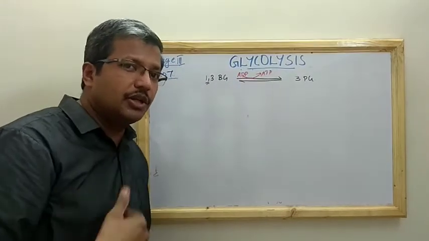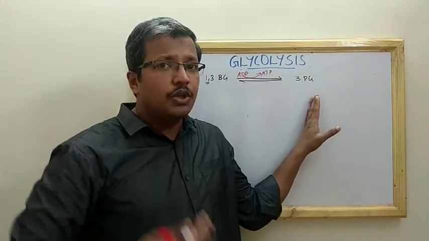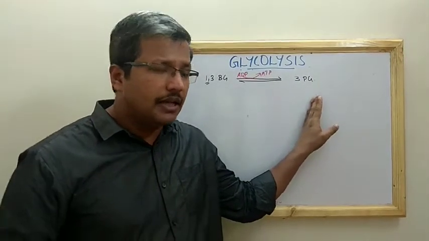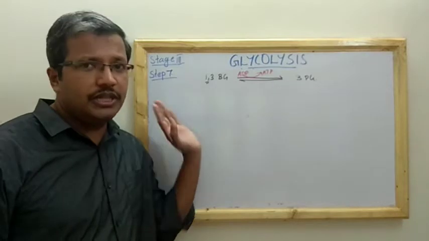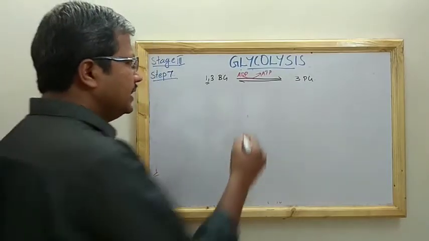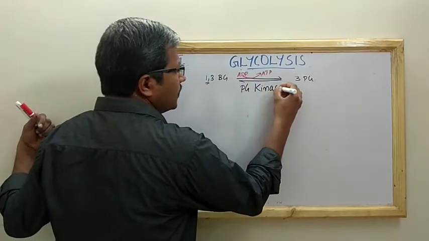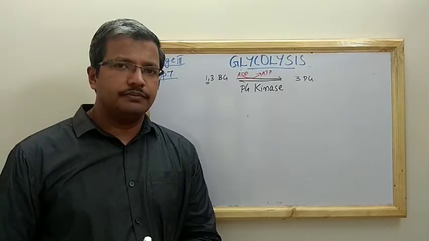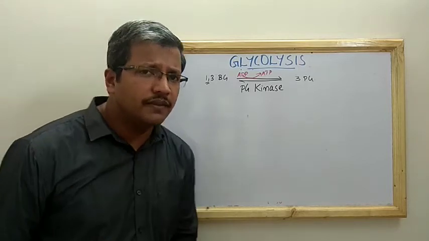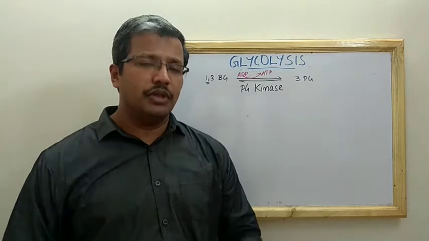Even though we are discussing glycolysis in this direction, to name the kinase enzyme we have to think in the opposite direction. So this enzyme is phosphoglycerate kinase, PG kinase. Clear?